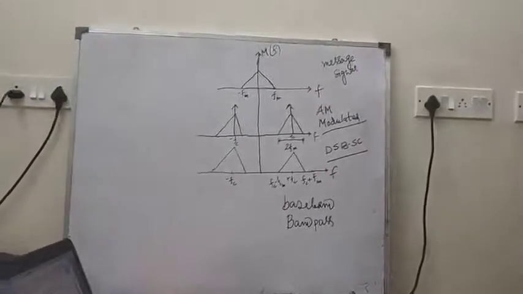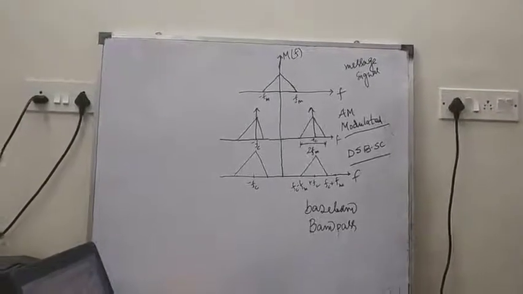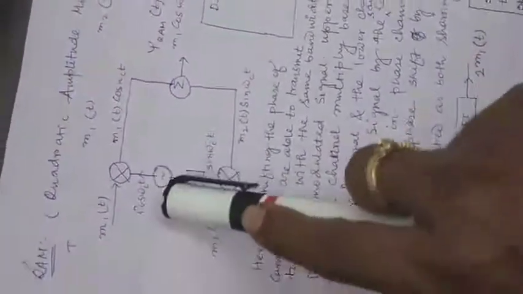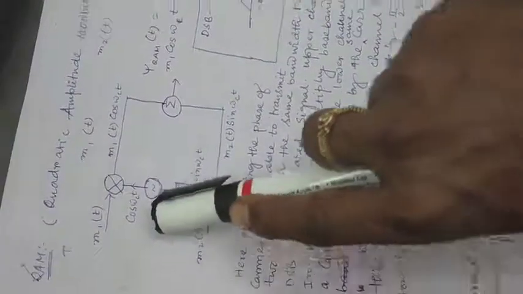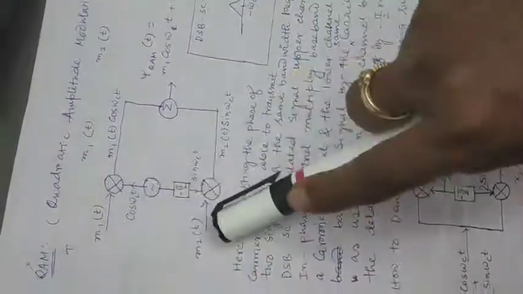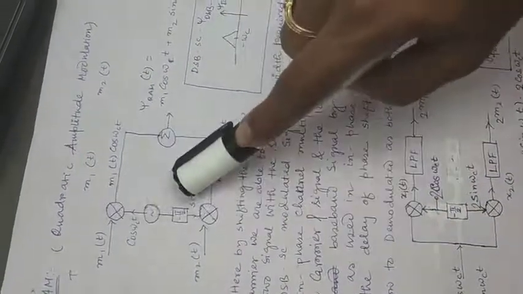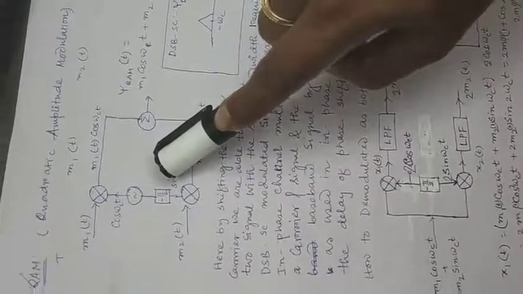where I have shown that the message signal m1(t) is multiplied by cos omega ct, and another signal m2(t) is multiplied by a sinusoidal signal, and these two carriers are in phase quadrature.